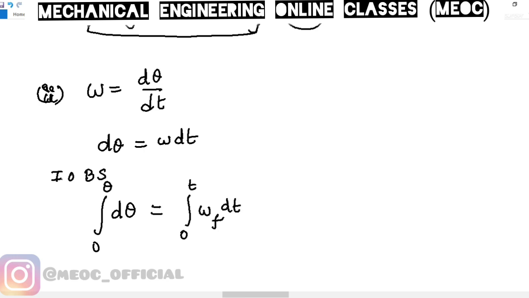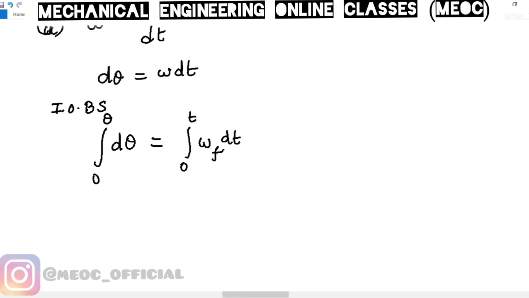dt. So this is nothing but theta is equal to integral 0 to t. So at t it becomes omega naught plus alpha t.